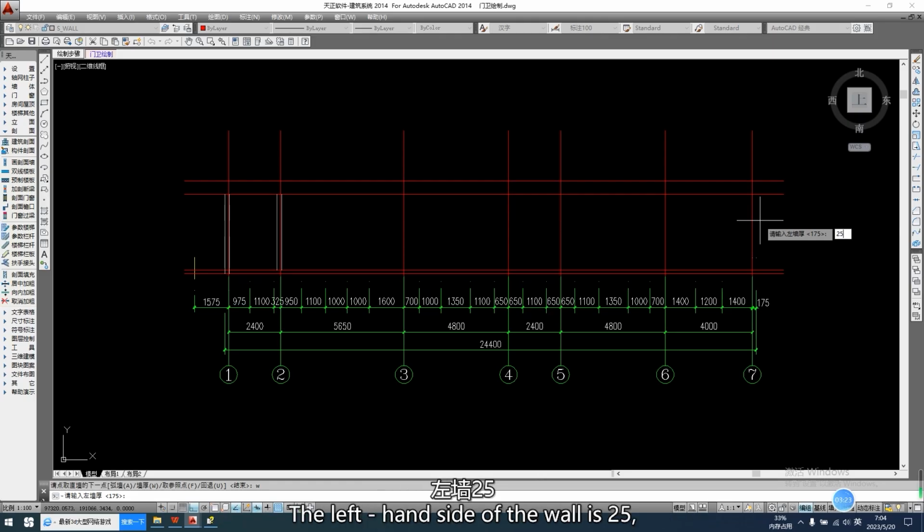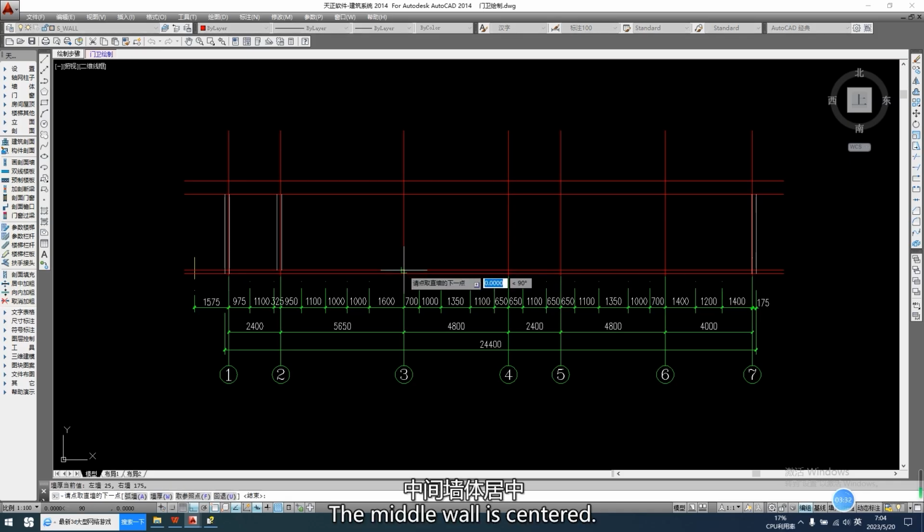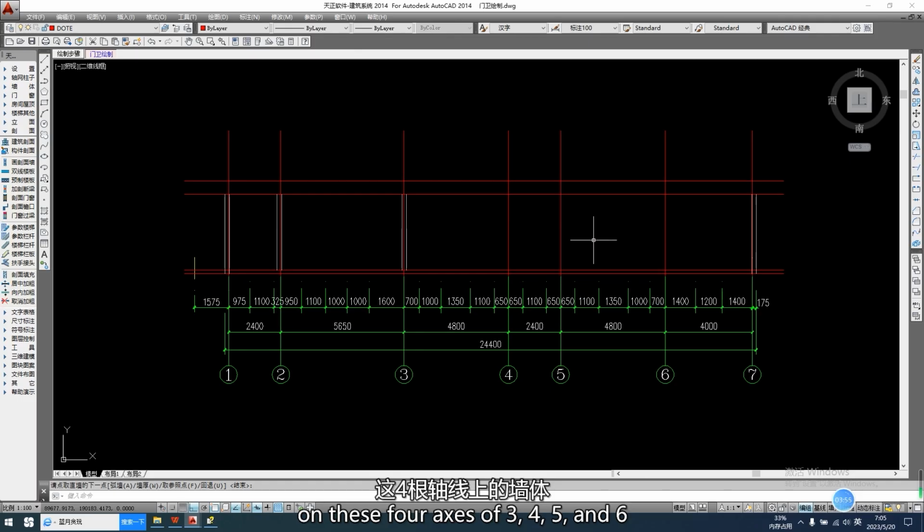The left-hand side of the wall is 25, and the right-hand side is 175. The middle wall is centered. Because the walls on these four axes of 3, 4, 5, and 6 are basically the same, we can first complete the wall on axis 3 and then directly copy it.